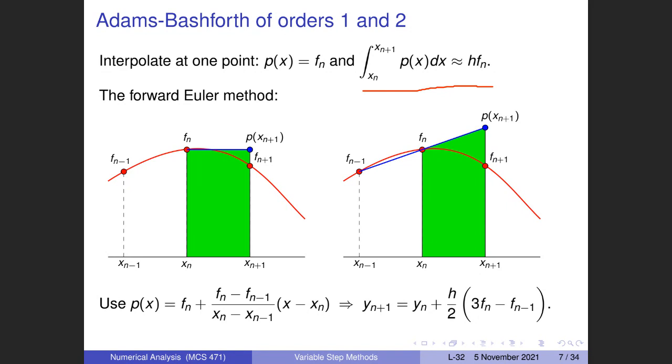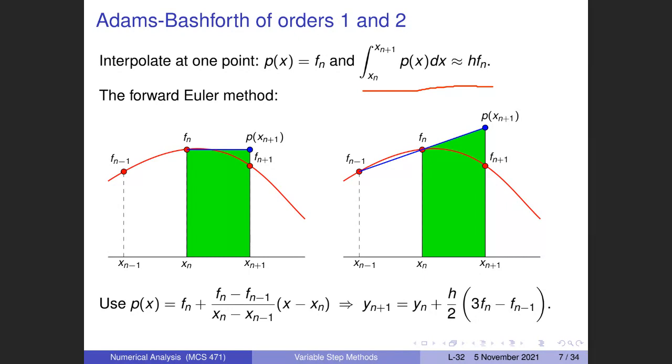So here then we arrive at the Adams-Bashforth formula of order 2. And going from the interpolating polynomial to the formula at the bottom right here, what you do is you replace the x by the xn plus 1. And you can see that the factor 3 comes from, so we have the minus fn plus 1. So the step size is fixed.